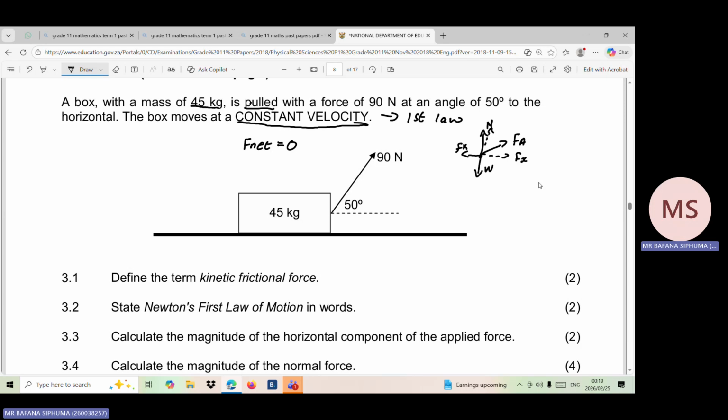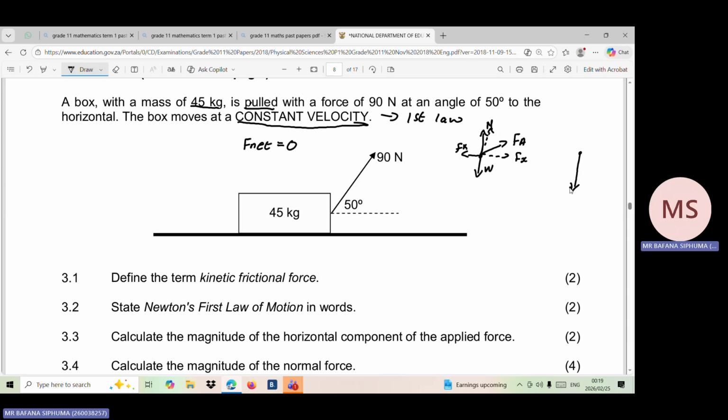Remember guys, the applied force can make a vector diagram. How? Let's take for example the vertical component of the applied force, which is going upwards, but in this case I can just say downward, it doesn't really matter.